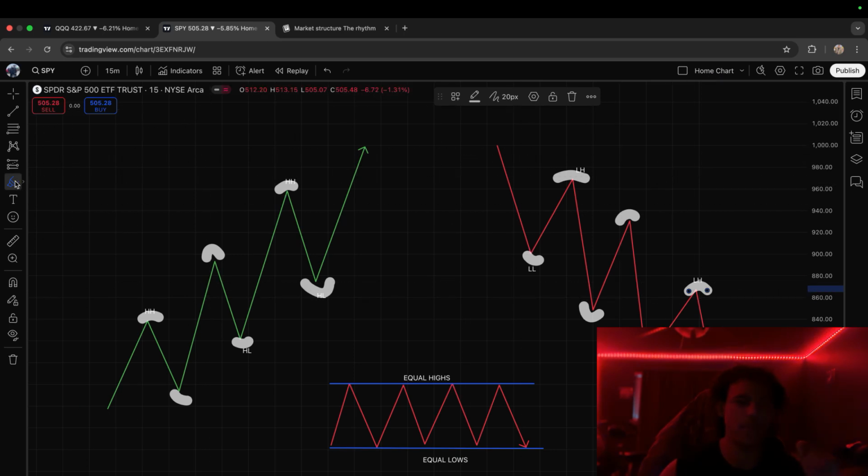So we see in an uptrend, we have the pattern of higher highs and higher lows, and in the downtrend, we have a pattern of lower highs and lower lows. Okay, so now let's go into the market to show an example of that.